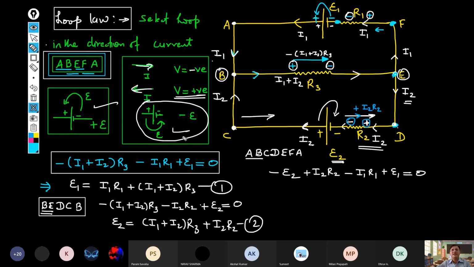Now, if I talk about the cell: if I go from minus to plus, it means increasing, so the value is increasing and I have written plus E. While if I go from plus to minus, the value is decreasing, so I will take minus E. I hope now you are clear. Tell me. Yes, sir. Okay. Yes, who was asking something?